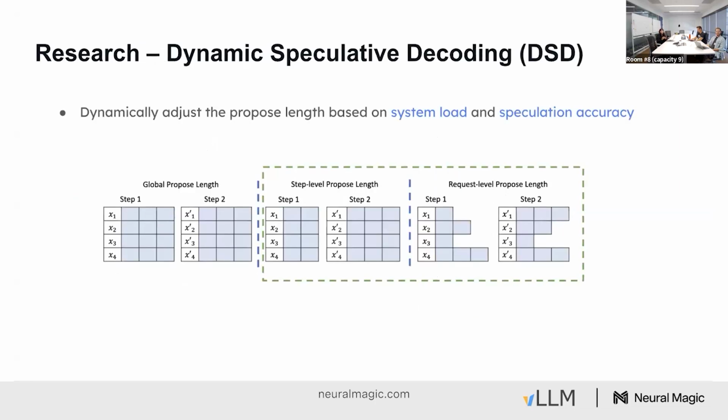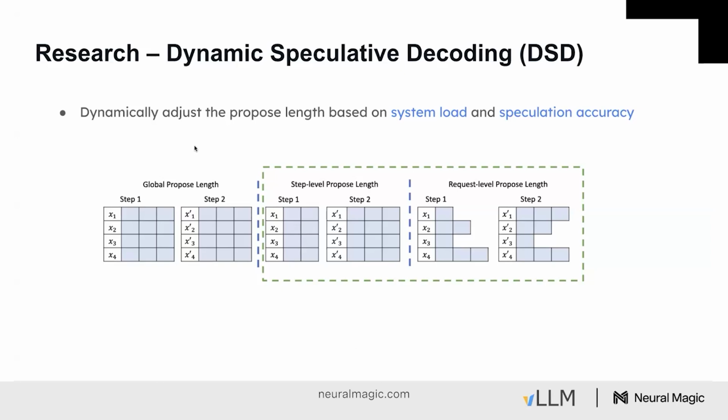So this motivates some research around vLLM speculative decoding. We find that speculative decoding works for low QPS, but is not good for high QPS. So we want to dynamically adjust the proposed length, adjusting the degree of speculation based on the system load and the speculation accuracy.